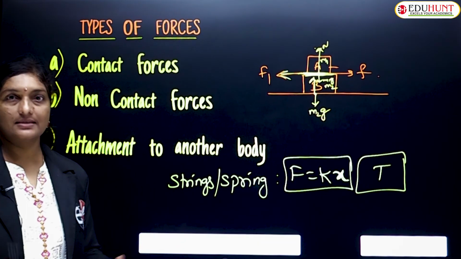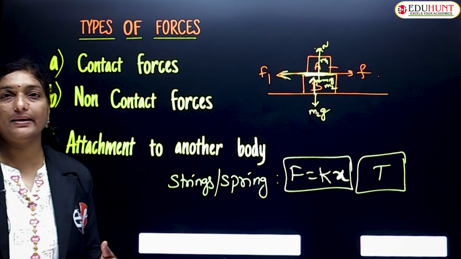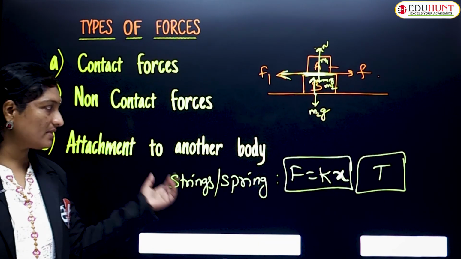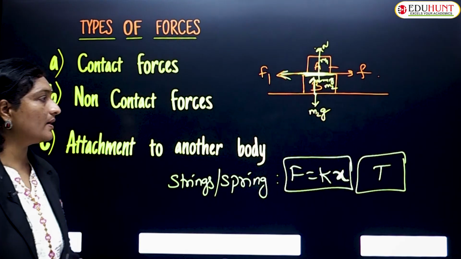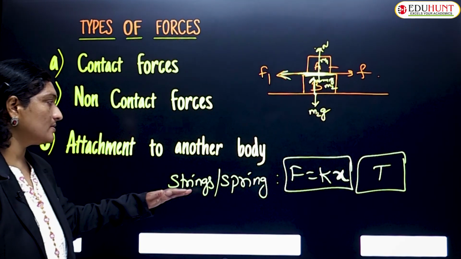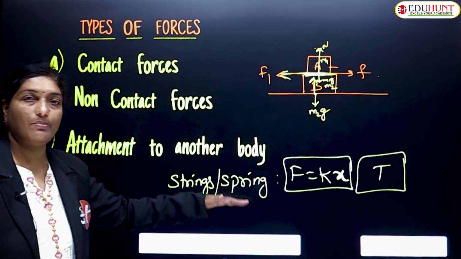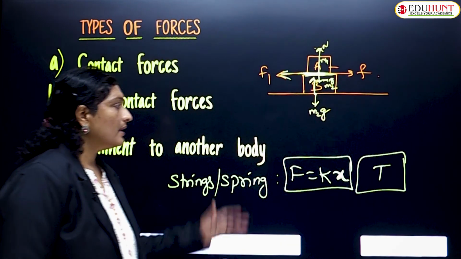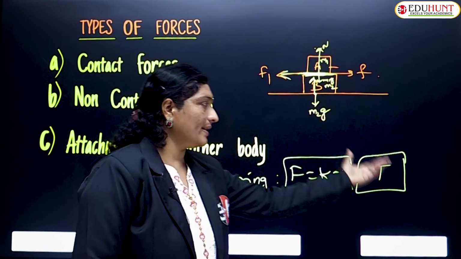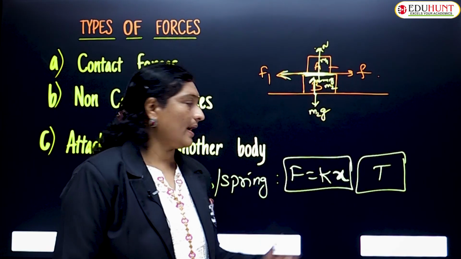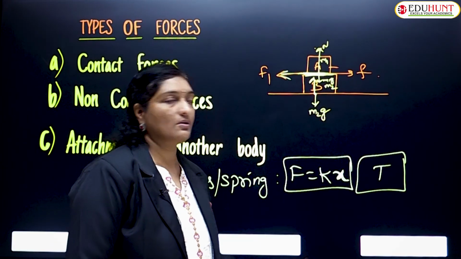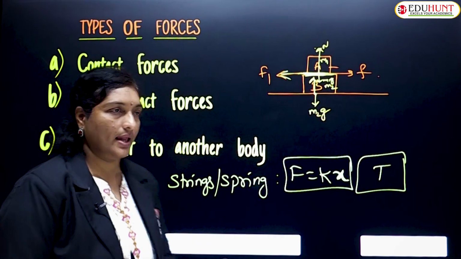Two or more bodies can be connected with the help of strings or springs. Whenever they are connected, the force or tension comes into play, and it depends on the factor F equals Kx.